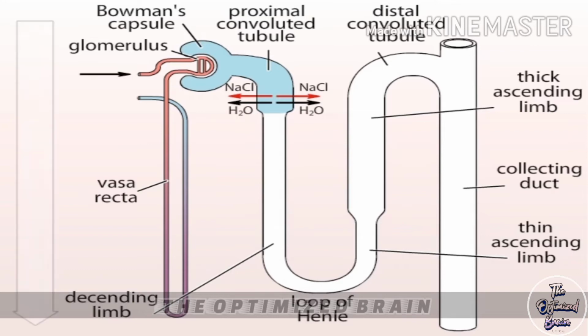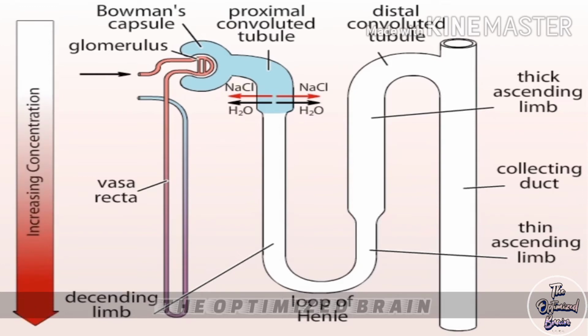The loop of Henle does not concentrate the urine directly. Rather, it functions as a countercurrent multiplier, creating a concentration gradient in the surrounding medulla. To understand the countercurrent multiplier mechanism, it's easiest to move backward through the tubule, starting with the thick ascending limb. The thick ascending limb actively transports sodium ions from the tubule fluid and moves it into the surrounding tissue fluid.